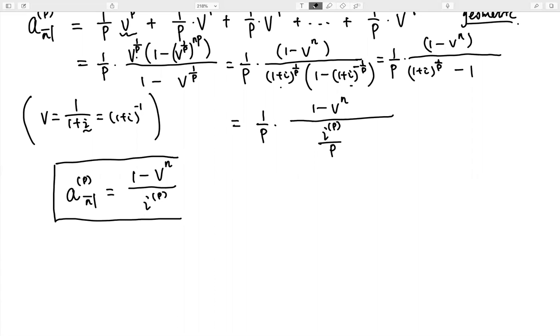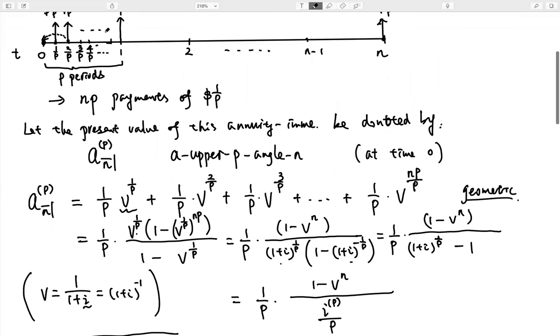So that is pretty much the underlying mathematical analysis, right? So we haven't used any known result yet from annuity. So this is the basic analysis of payments and the basic analysis of discounting. After that, we apply a result from a geometric series to get the summation, and we simplify to get the final result.